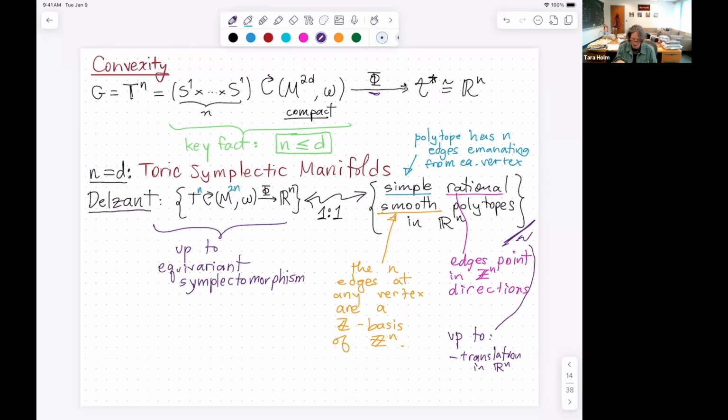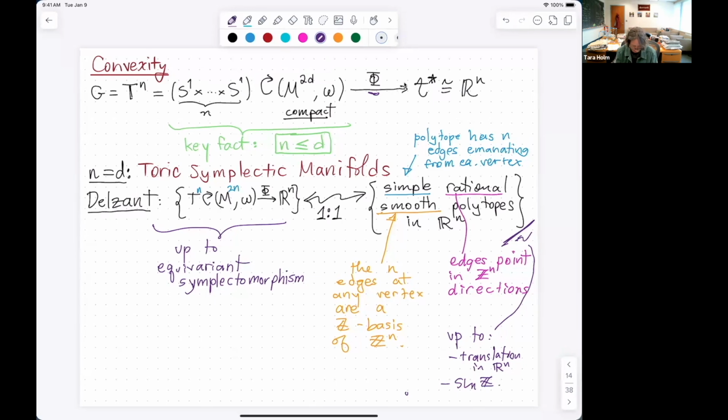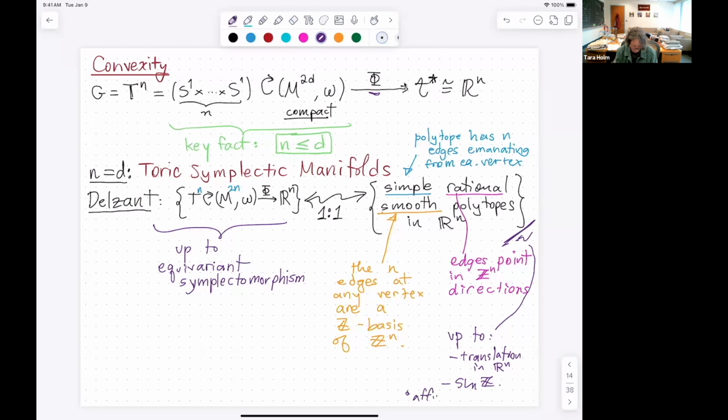And then I can also choose lattice equivalent polytopes. So it's also up to SL(n,Z). So translations and this is maybe called affine equivalence.